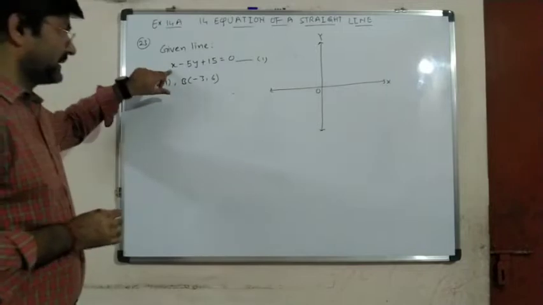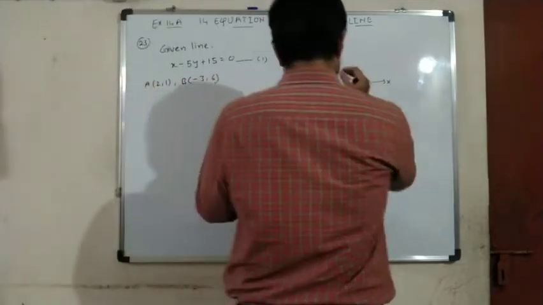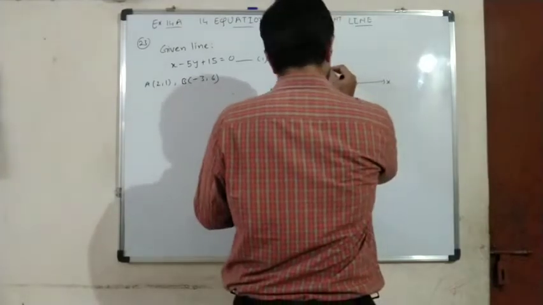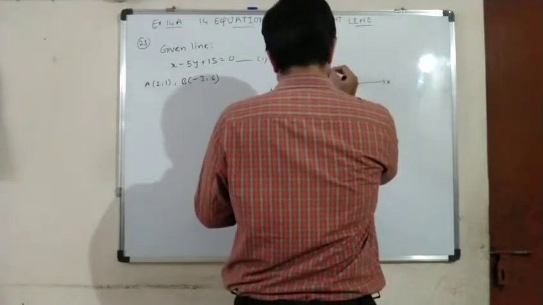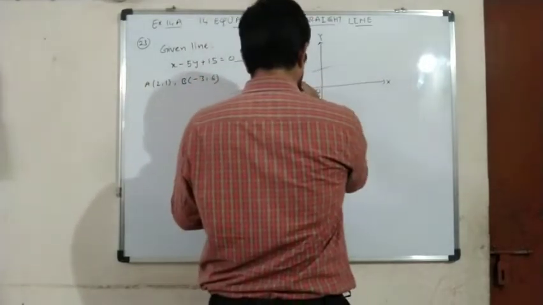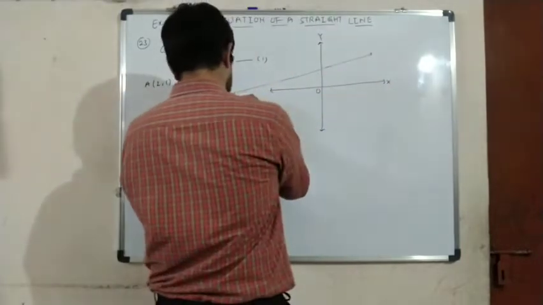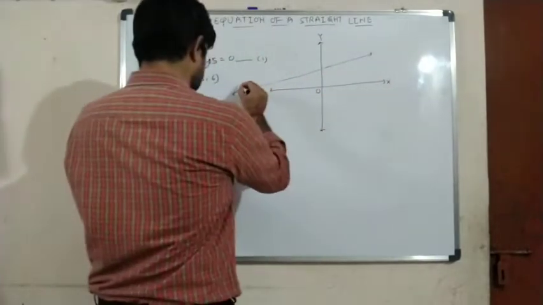When you put x is equal to 0, you will get y is equal to 3. Clear? So y is equal to 3 will be here on the y axis. Now we can draw a line passing through these 2 points. So this is the required line.